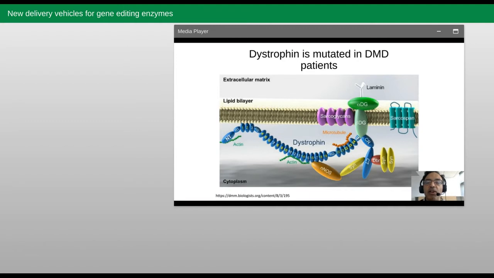Duchenne's is caused by a mutation in the dystrophin gene, shown here, and dystrophin is a protein that's involved in maintaining muscle health.